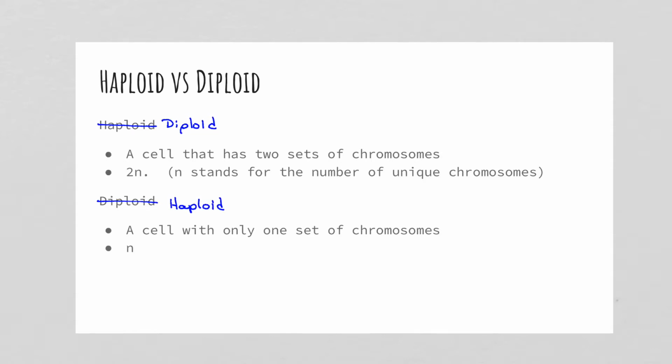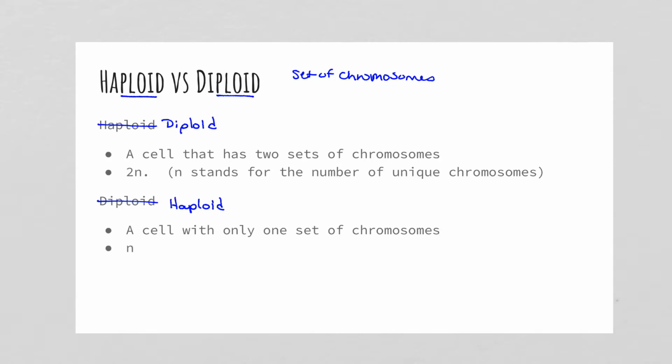But when I talk about the words haploid and diploid, the first thing I want to talk about is what ploid is representing. Ploid represents the sets of chromosomes. Basically, you can have one set of chromosomes or two sets of chromosomes. There are some plants that can have 4 sets of chromosomes or 8 sets of chromosomes.